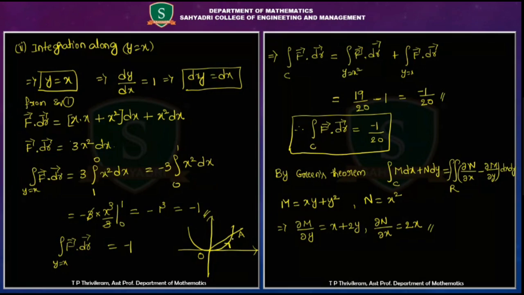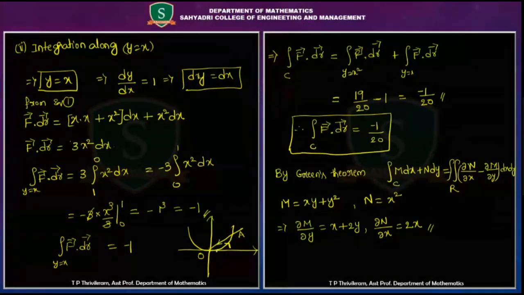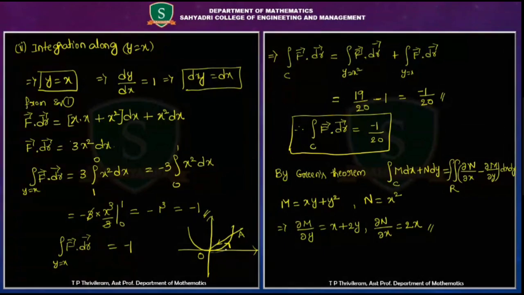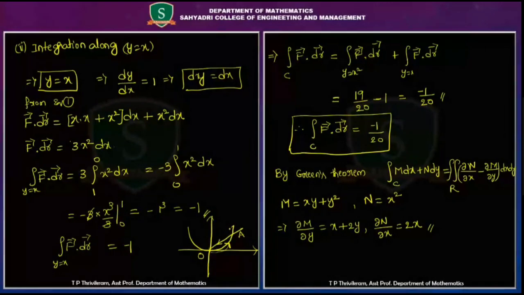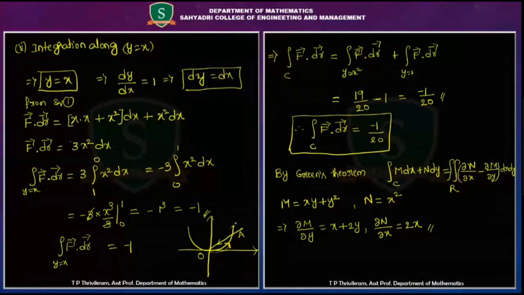Next from A to origin you have to travel to complete this area. Since we are doing it in vector quantity, direction is also most important. So from which point to which point we are moving. To complete this region, we have to move from A to origin. Suppose if you are taking origin to A, you are taking negative direction for it.